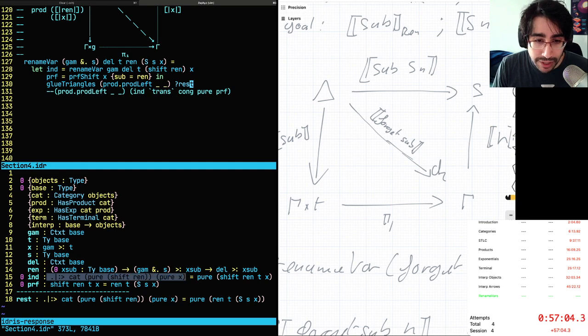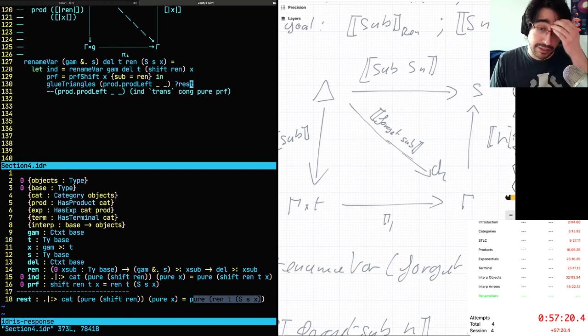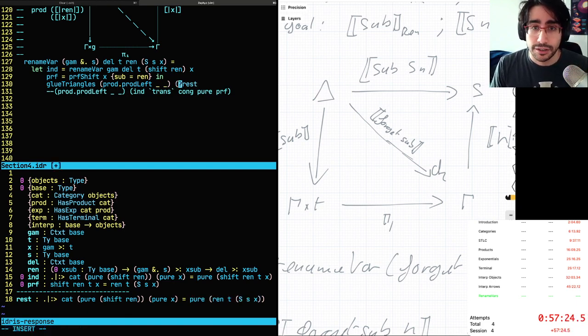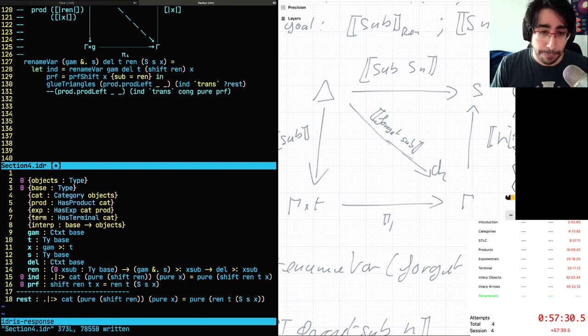So now we need to stick this here on the left side of this equality, then stick this in the middle, and stick it to this part on the left, and we end up with the right side of our equality. And this is simply a transitivity operation. So we start with the induction, we do trans, and then we have the right side.